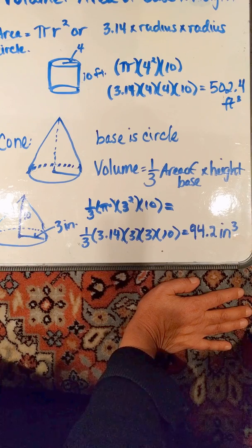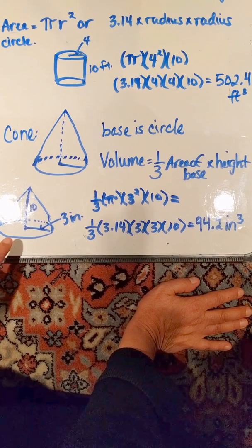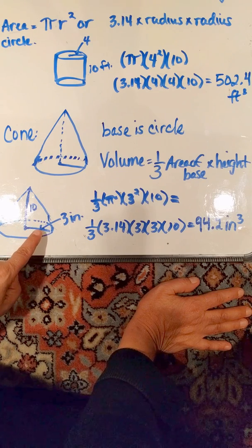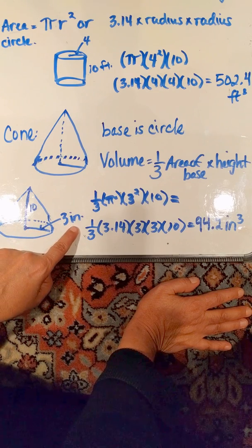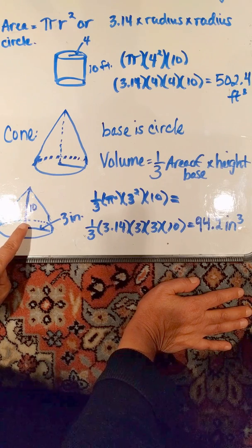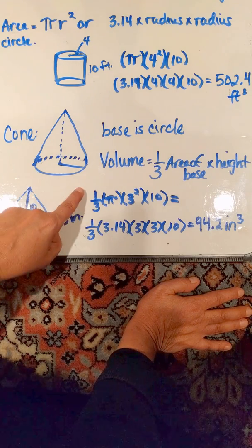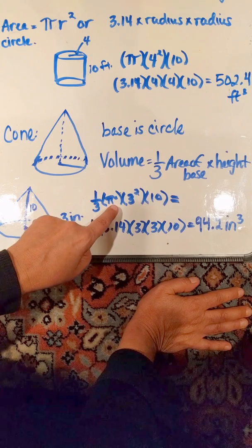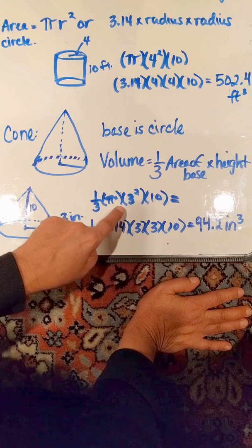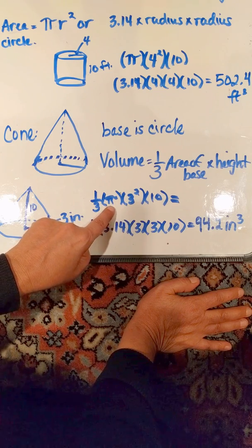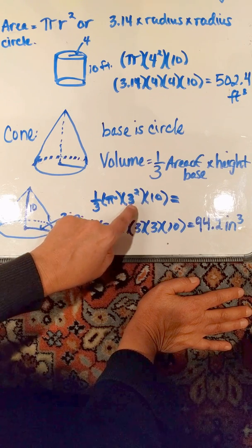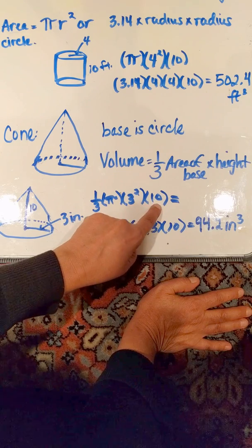So here's an example of a cone. The base, right here, is a circle, the radius is 3 inches, and the height is 10. So I'll just plug it into my formula, which is 1/3 times the area of the base, which is the area of a circle, pi r squared, or pi times 3 squared, times the height, which is 10.